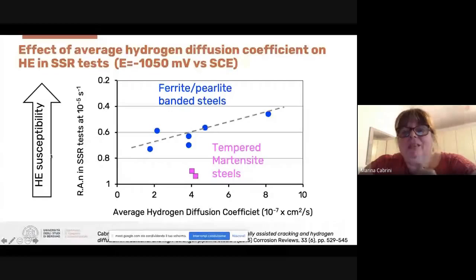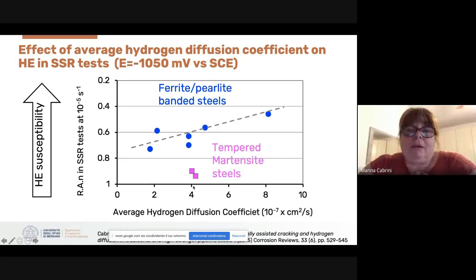But we can also observe that if we change the microstructure of the steel from ferritic-pearlitic banded steel to tempered martensitic steel, for the same hydrogen diffusion coefficient, we have a totally different hydrogen embrittlement.